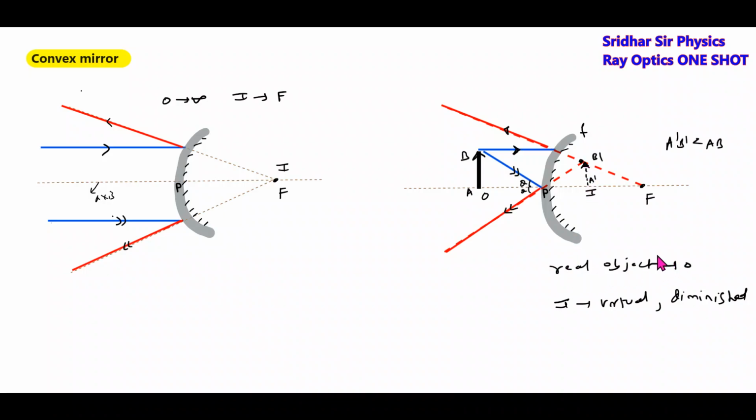So for a real object, the convex mirror here will form a virtual, erect, and diminished image. This is a real object. And the image formed will be virtual, erect, and diminished. The height of the image will be less than the height of the object. Anywhere you move this object, the conditions will be valid here.